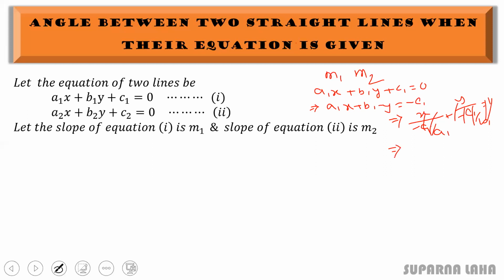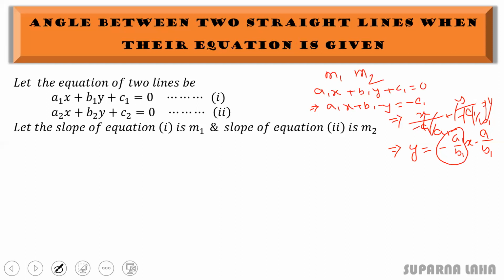So the slope of this equation is y equals minus A1 by B1 x minus C1 by B1. So y is equal to mx plus c, so the slope is here minus A1 by B1, right?